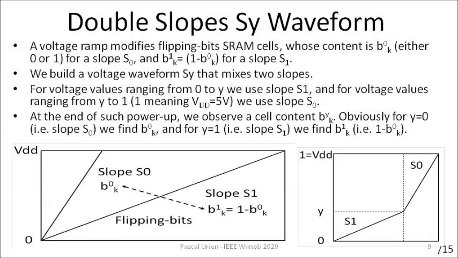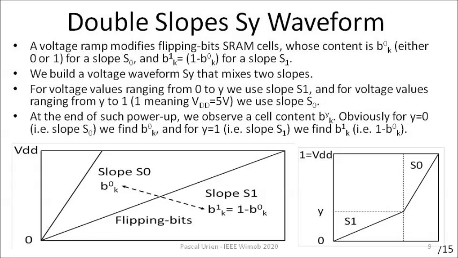We build a voltage waveform SU that mixes two slopes. For voltage values ranging from 0 to U, we use slope S1, and for voltage values ranging from U to 1, 1 meaning VDD equal to 5 volts, we use slope S0.